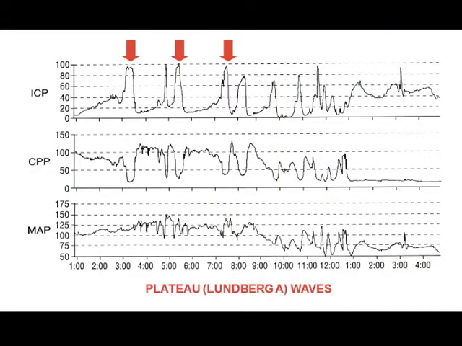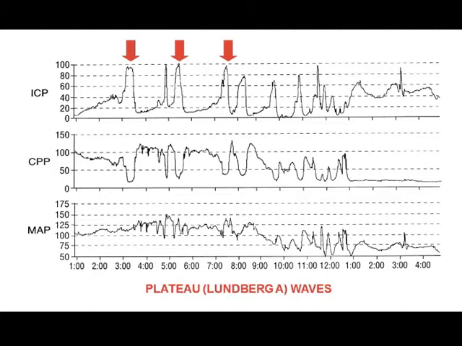So this is a patient dying of untreated ICP, and here you see plateau wave elevations that are up to 90 millimeters of mercury. And the way you recognize plateau waves at the bedside is that you get these mirror image reductions in CPP simultaneously. This is how you tell.